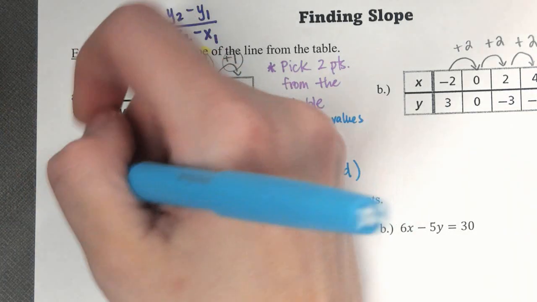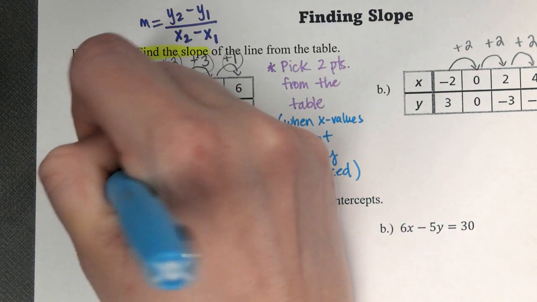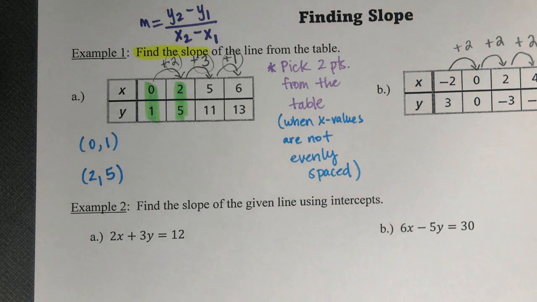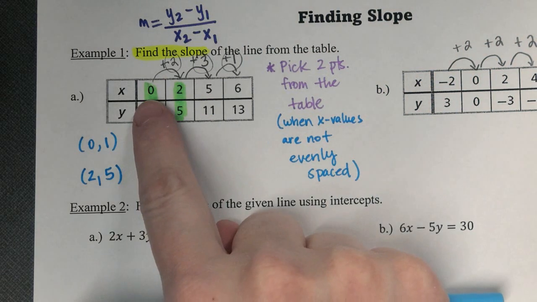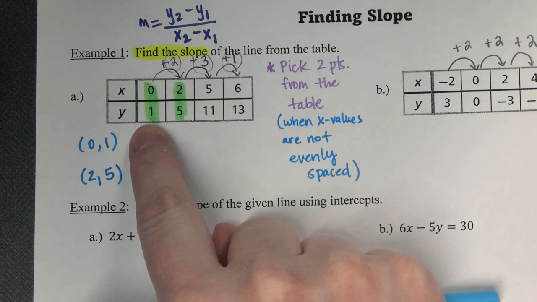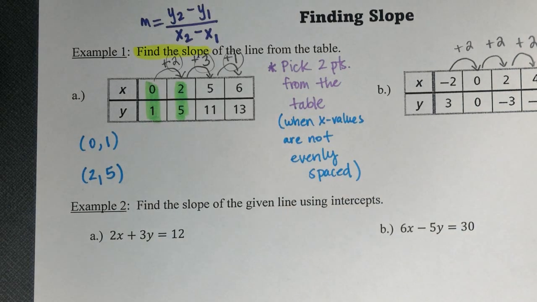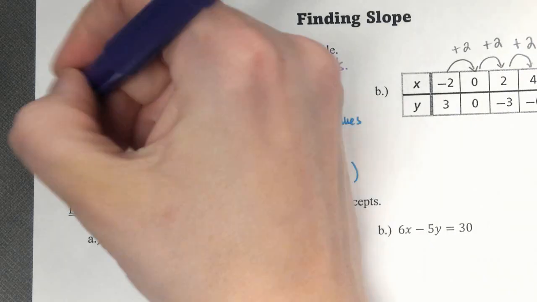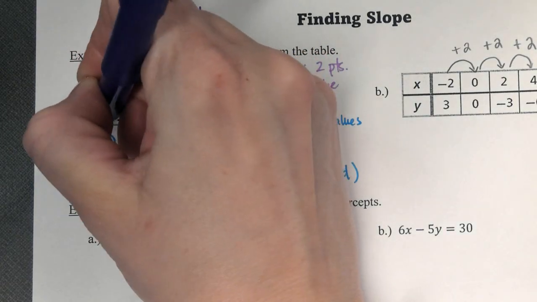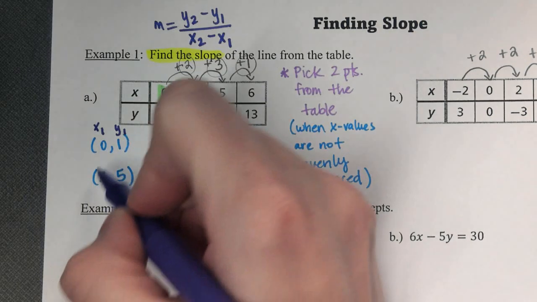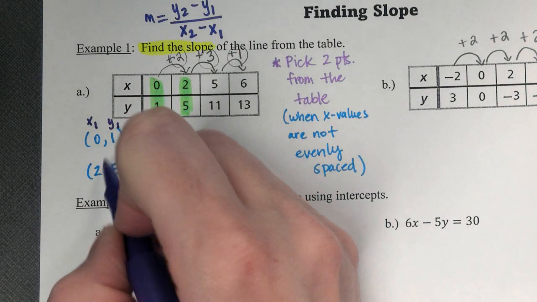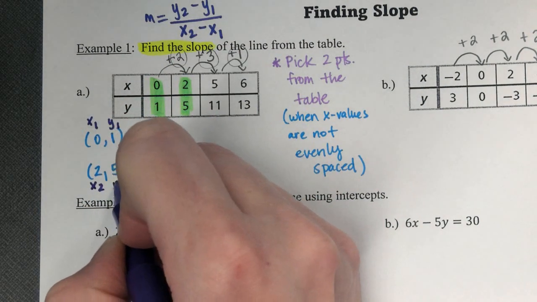And the second one is 2, 5. The x is 0, the y is 1, the x is 2, the y is 5. This first point we label as our x1, y1, and this is your x2, y2.